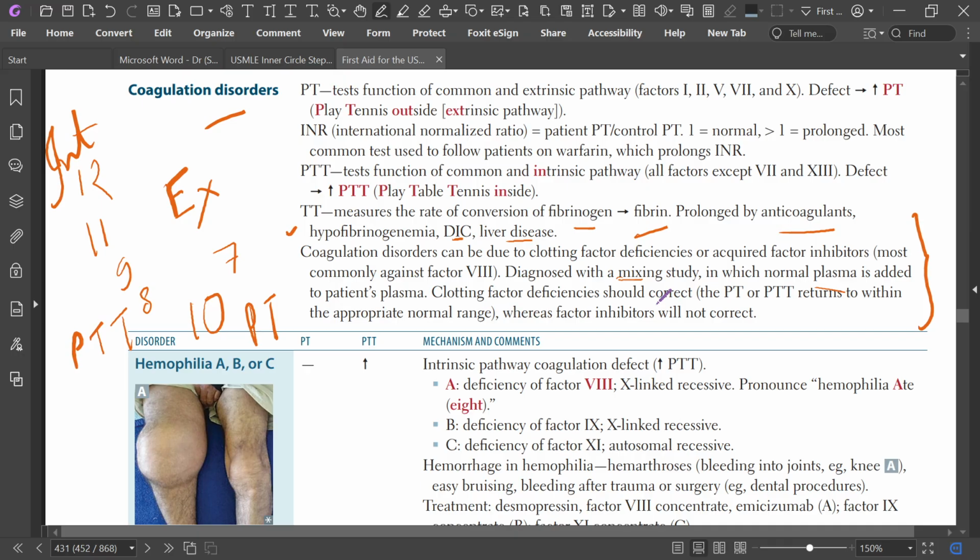If it is clotting factor deficiency, it should correct, and PT and PTT return to normal, whereas if there are inhibitors, it is not going to correct. This is called the 1:1 mixing study.